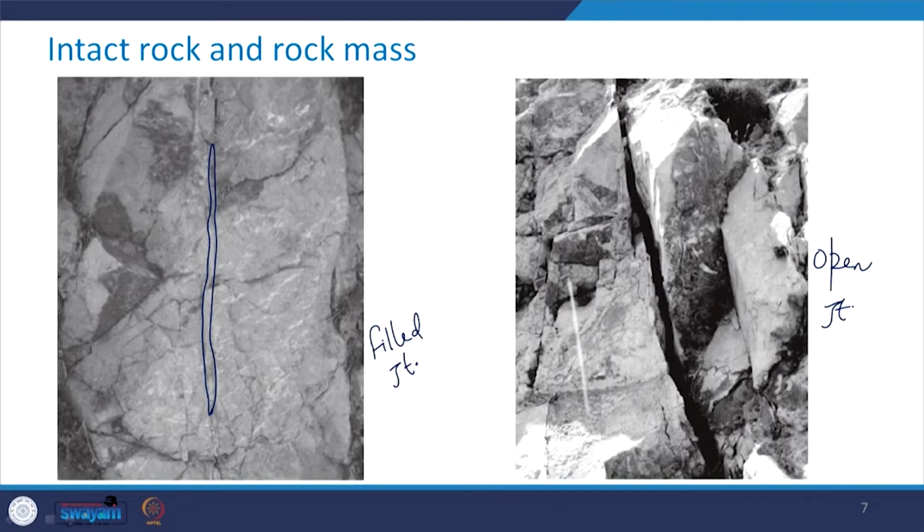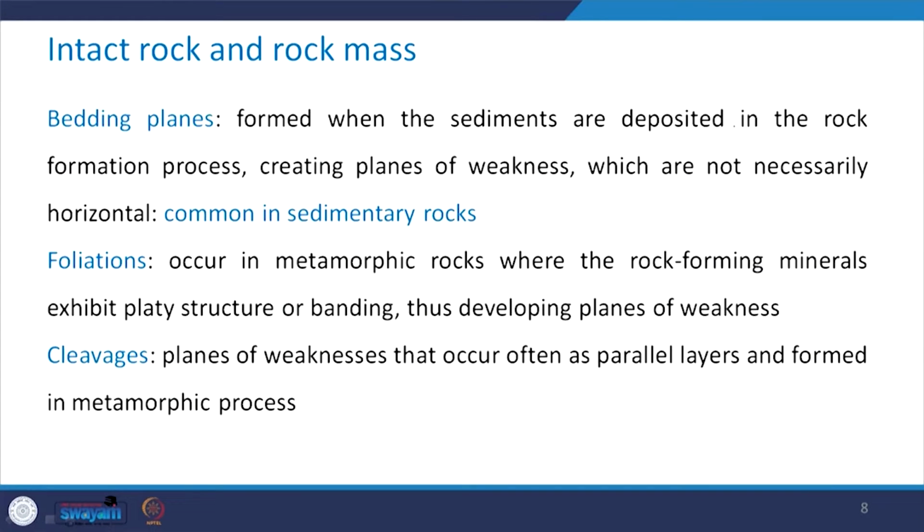However, in this case you can see that this surface and this surface of the joint wall are not in contact with each other. There is a gap between these. So this is the gap, and we are saying that it is going to be an open joint. So either of the conditions may exist in the field.